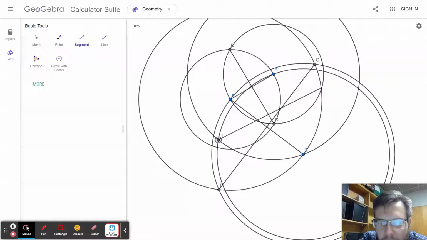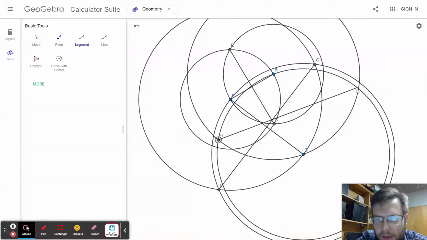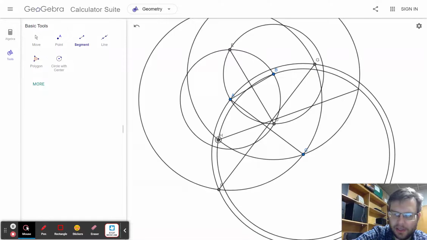Is it here? It's hard to see. No, it's here. Yeah, because that is on the circle that is centered at C, the inner circle, because there's two circles centered at C. It's the inner circle centered at C and the outer circle that's centered at B.